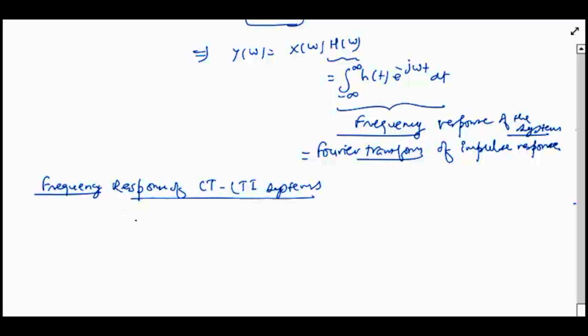Recall that systems are characterized by the following differential equation: the sum from k equals 0 to n of ak d^k y(t) over dt^k is equal to the sum from k equals 0 to m of bk d^k x(t) over dt^k.